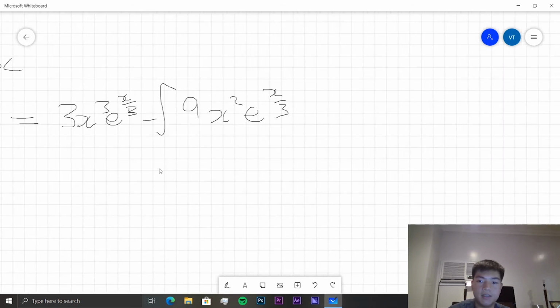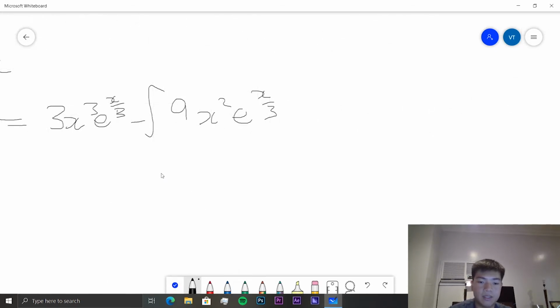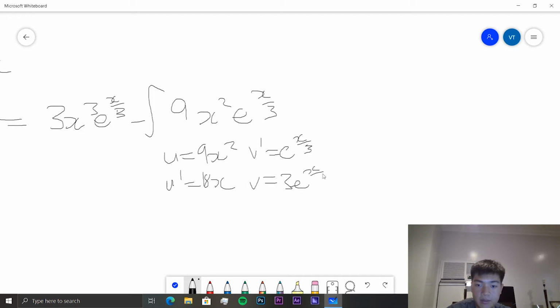So now we need to integrate this again by parts. So we get u is equal to 9x squared, u prime is equal to 18x, v prime is equal to e to the x over 3, and v is equal to 3e to the x over 3.